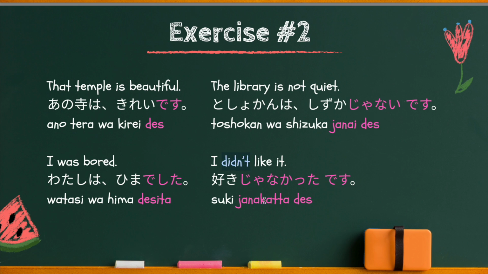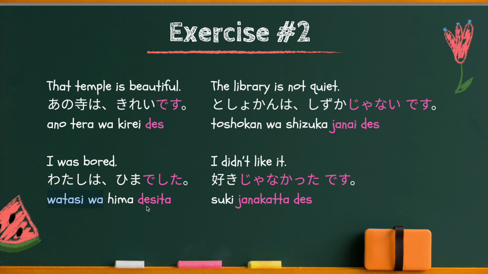Therefore, じゃなかったです。And once again, you can omit this to be casual. And of course, you can add 私は in front of 好き. That works too. 私は好きじゃなかったです like that. But if the listener knows who you are talking about, then you can omit 私は.